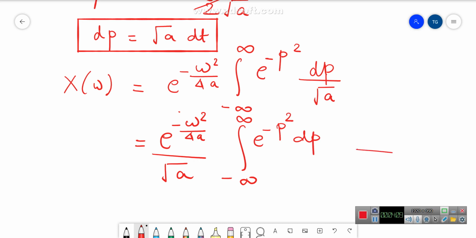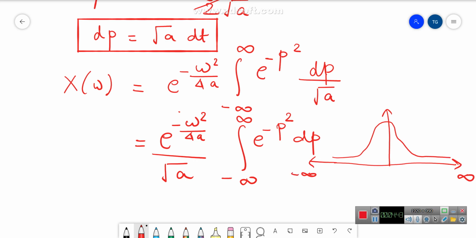So we know how my Gaussian signal looks. It looks like this, from minus infinity to infinity.